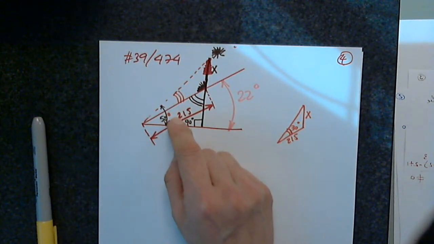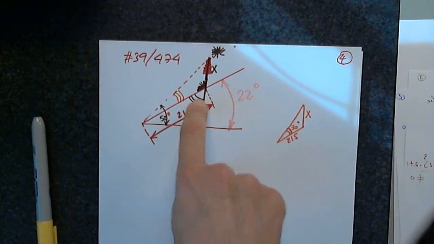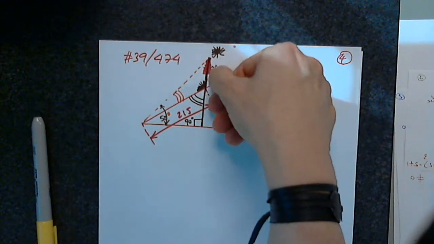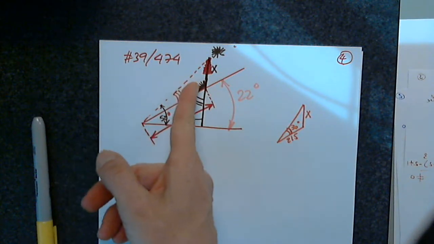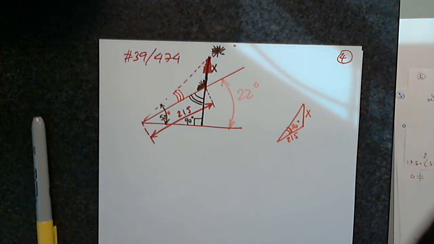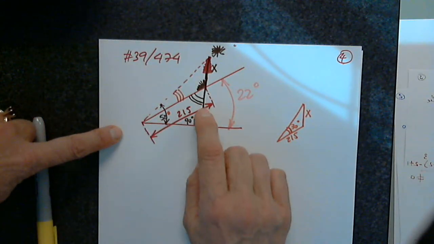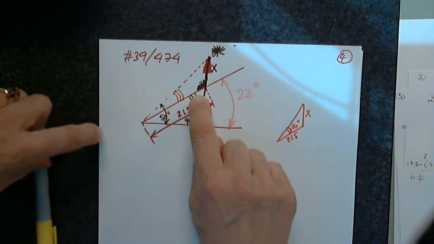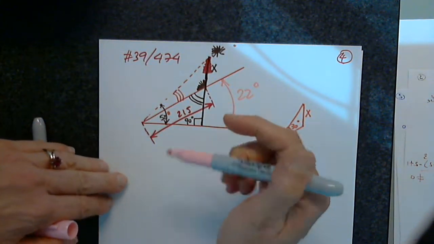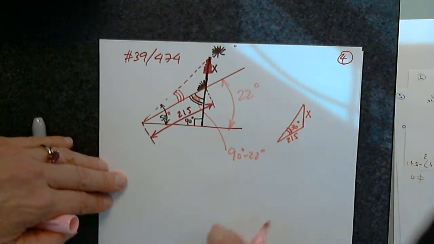This piece is 22. Therefore, I have this piece. And if I have this piece and this is 180 here, then I have this piece. So this is 22. 90 minus 22 is this angle right here, this one. 90 degrees minus 22 degrees.